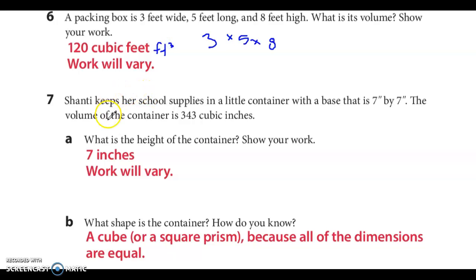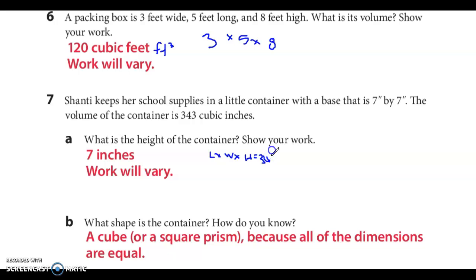Number 7, we've got a school container with a base that's 7 by 7. The volume is 343. What is the height? So you know that you've got your length times your width times your height. We know that equals the volume, and the volume is 343.